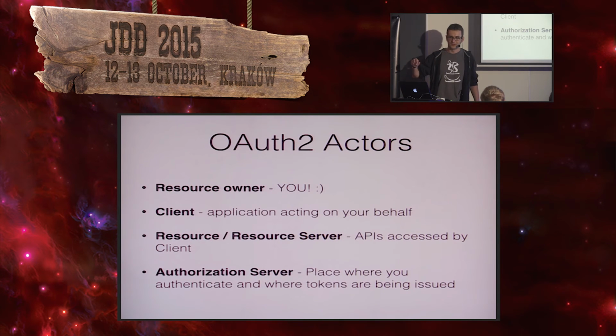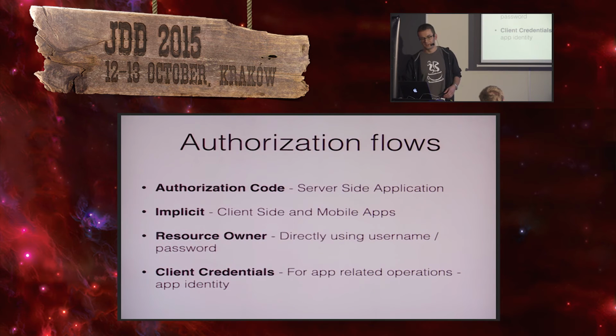So you have a few actors here: resource owner, so you usually. Client, so application. Resource, so APIs exposing your resources. And authorization server, so the place you authenticate into and which issues a token. The power of OAuth comes from a few angles. So it defines different authorization flows depending on what is the application type.